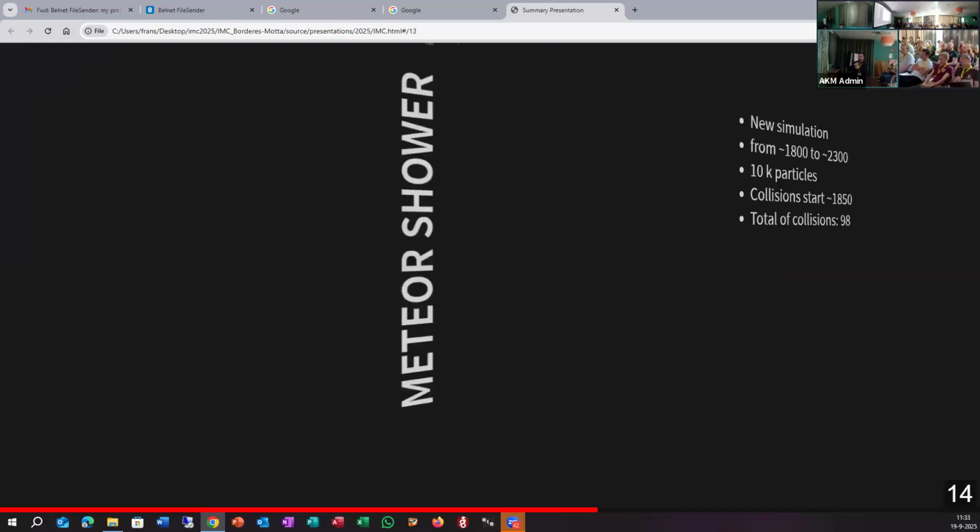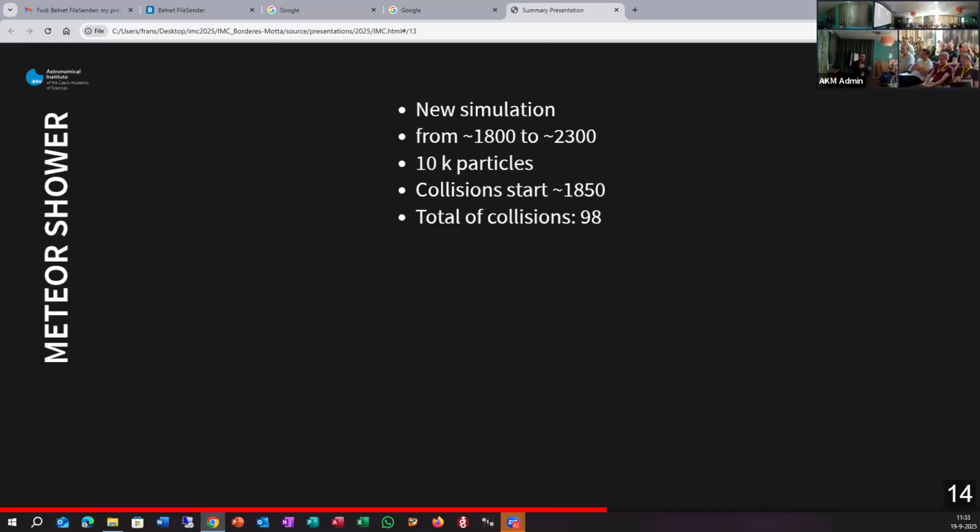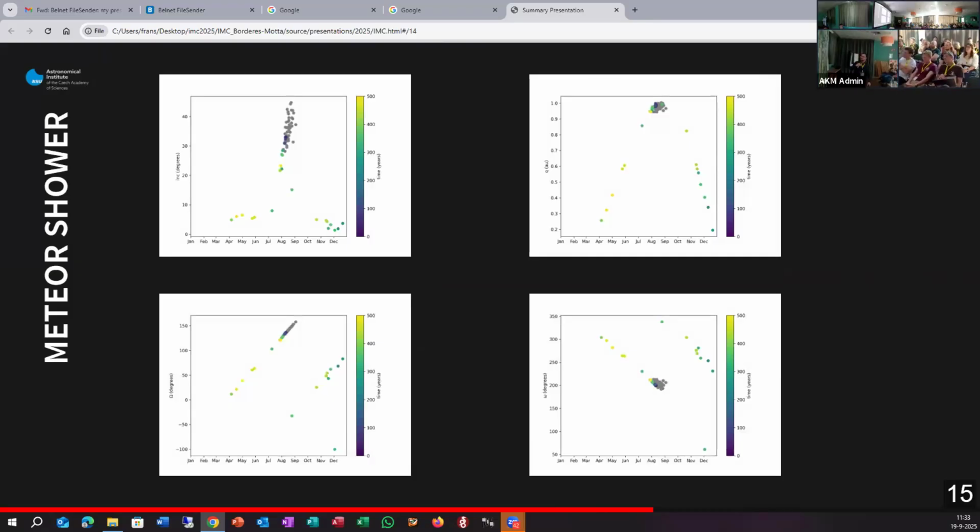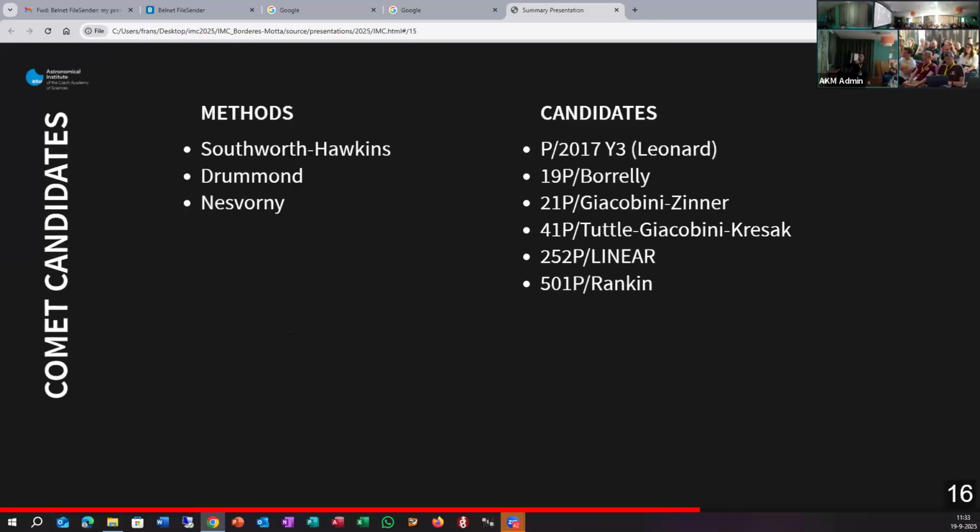So I did a simulation a little bit shorter, 500 years, to see if this could have a better behavior, and this could more or less explain the meteor shower that we have now, but it still shows that this meteor shower could drift. So it's not so far backwards, 500 years or less, 200 years, something like that. Let us compare now with comets.